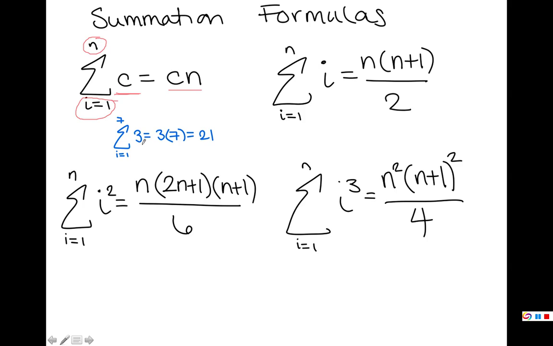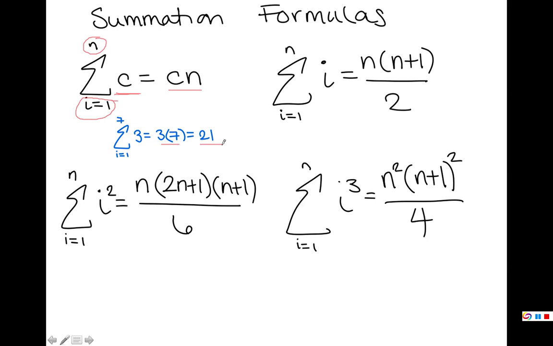If we add up the number 3 from 1 to 7, we're going to get 3 times 7, which is 21. And if you think about it, maybe it kind of makes sense. What this means is you're taking the number 3 and adding it up 7 times. Well, that's the definition of multiplication: 3 times 7 is the same thing as 3 plus 3 plus 3 plus 3, 7 times.